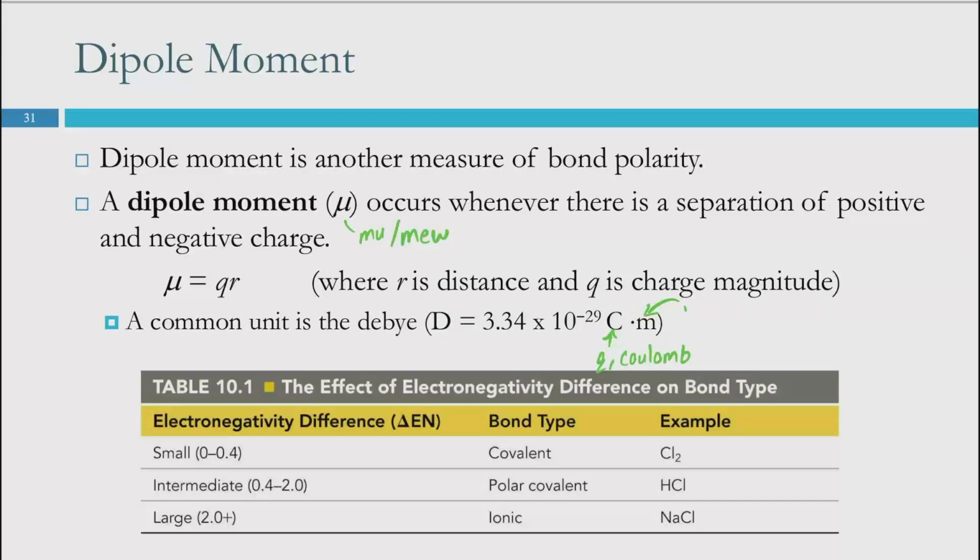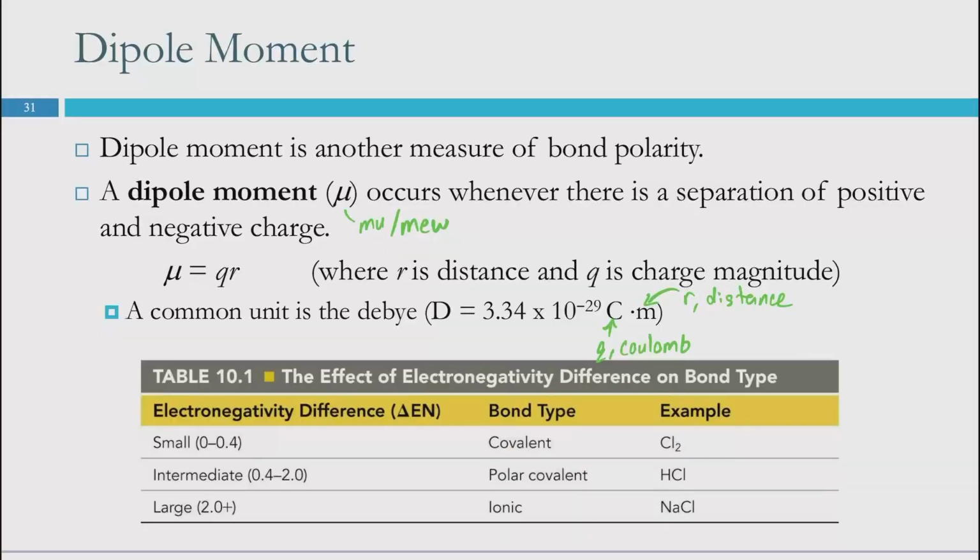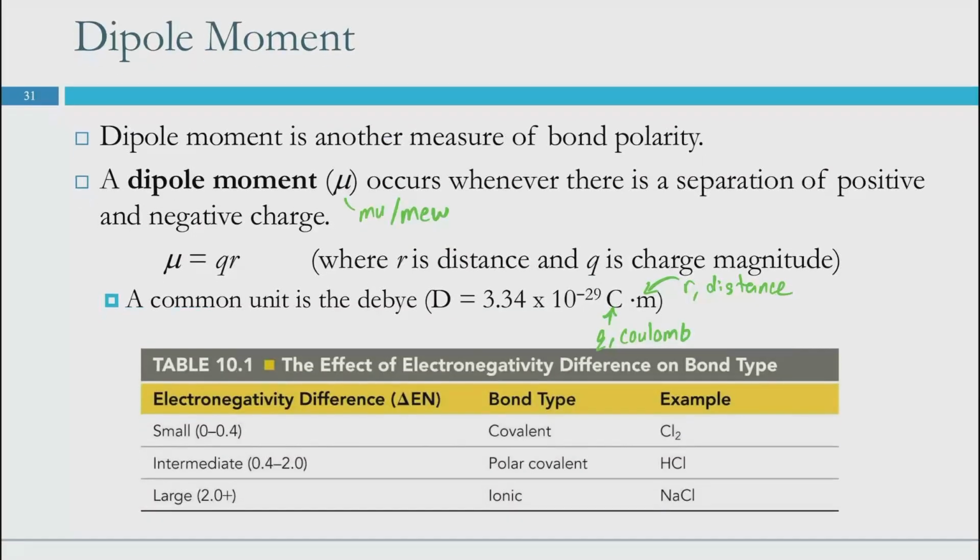M here is the radius, the distance. That's where those units come from. Don't expect that we'll be doing much with calculating dipole moment. Maybe a little bit, but probably not much. More important would be learning the electronegativity difference values.